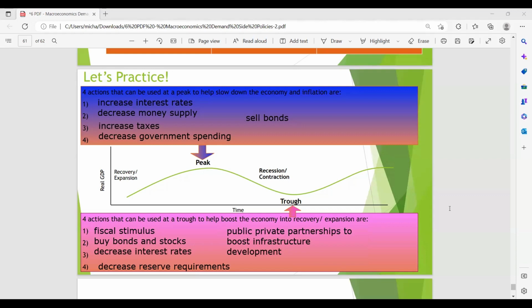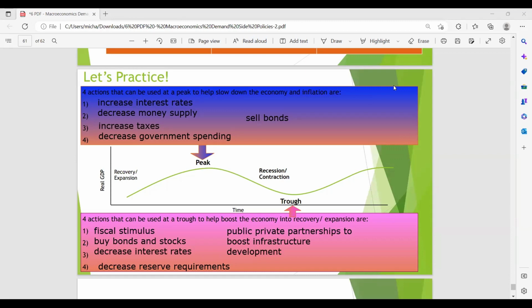So can anyone think of other ideas for this? We got a lot of good ideas here, but are there any other ones? So usually in fiscal stimulus, governments increase their expenditure to increase money supply.